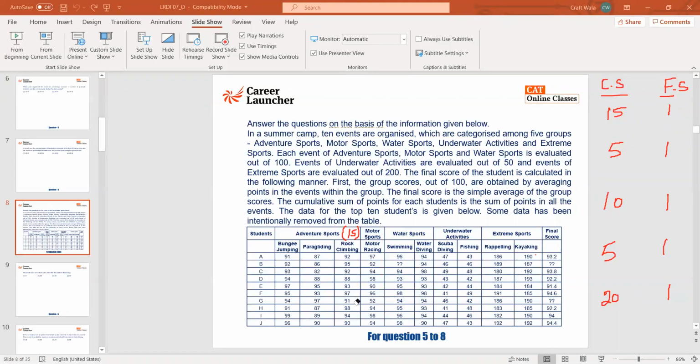Adventure sport: the average of 94, 91, 97 comes to 94. So in the first one he got 94. Second one, motor sports, G has got 92.